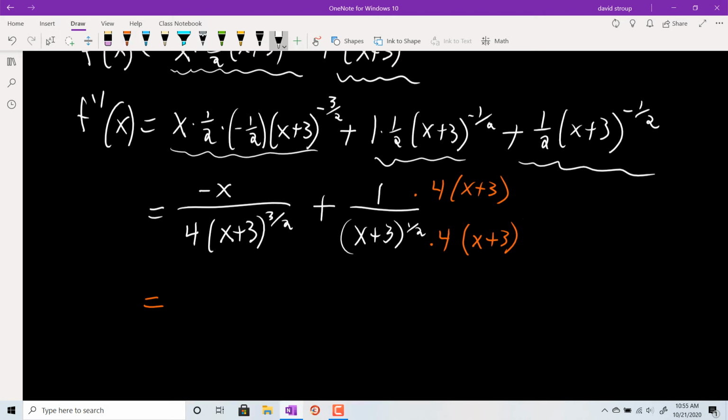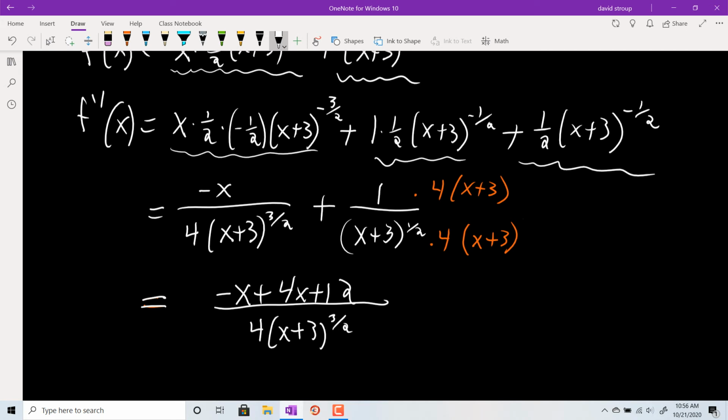Okay, so then my numerator will be -x plus 4 times x plus 3, in other words 4x plus 12, all over the new common denominator, x plus 3 to the 3/2. And then you're going to get 3x plus 12 all over 4 times x plus 3 to the 3/2, and now it's all ready.